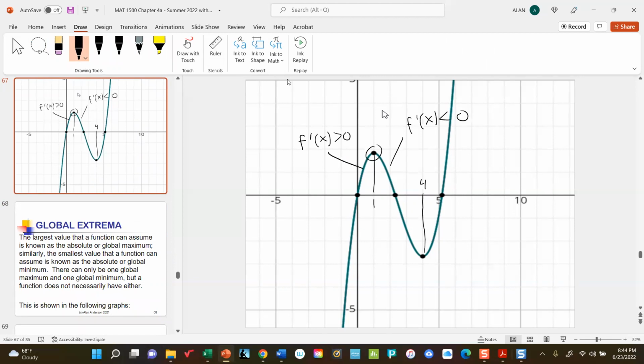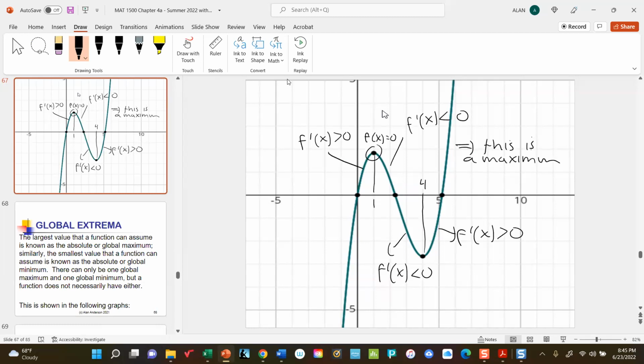Down here, just as we're approaching 4, first derivative is negative, and here, the first derivative is positive. So it turns out that when the derivative goes from positive to 0, which it is right here, and then to negative, that ensures that this is a maximum.